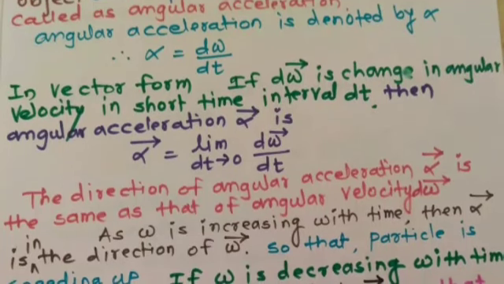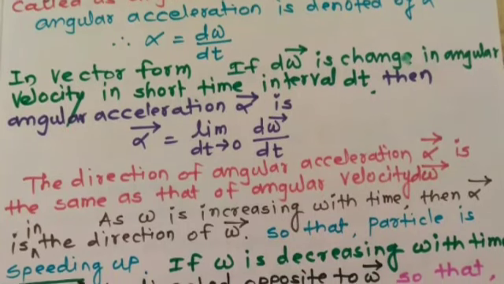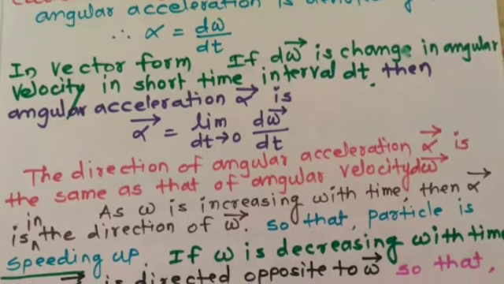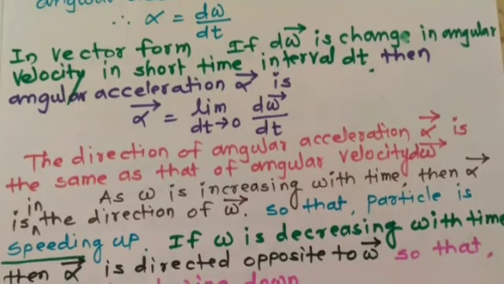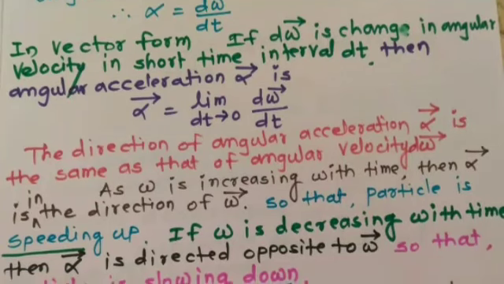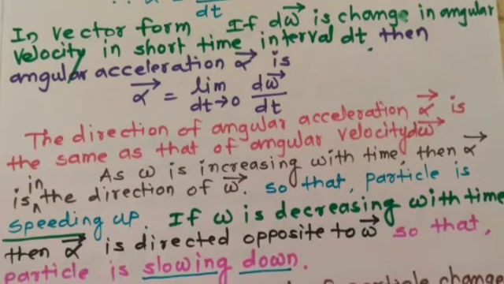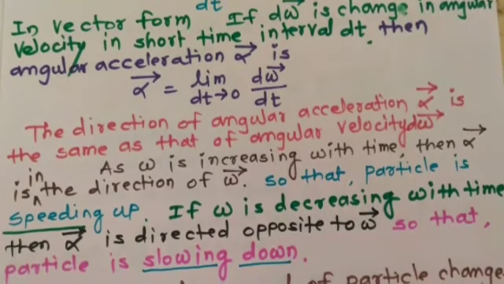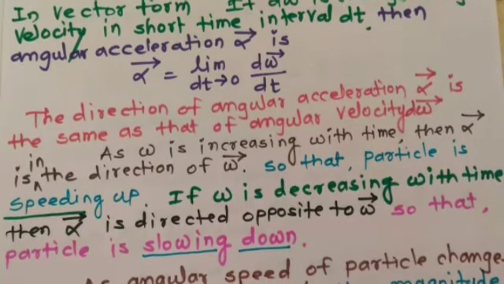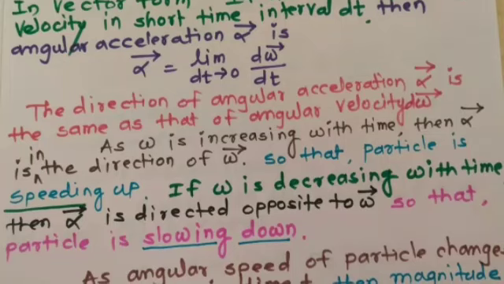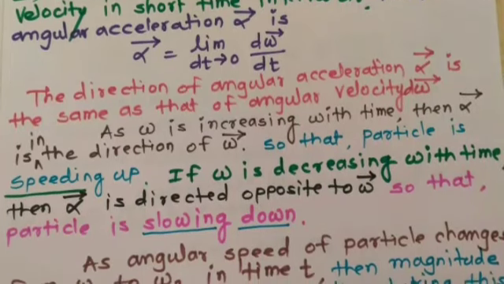In vector form, if d vector omega is the change in angular velocity in a short time interval dt, then angular acceleration vector alpha equals limit delta t tending to 0 of d vector omega upon dt. The direction of the angular acceleration vector alpha is the same as that of angular velocity.